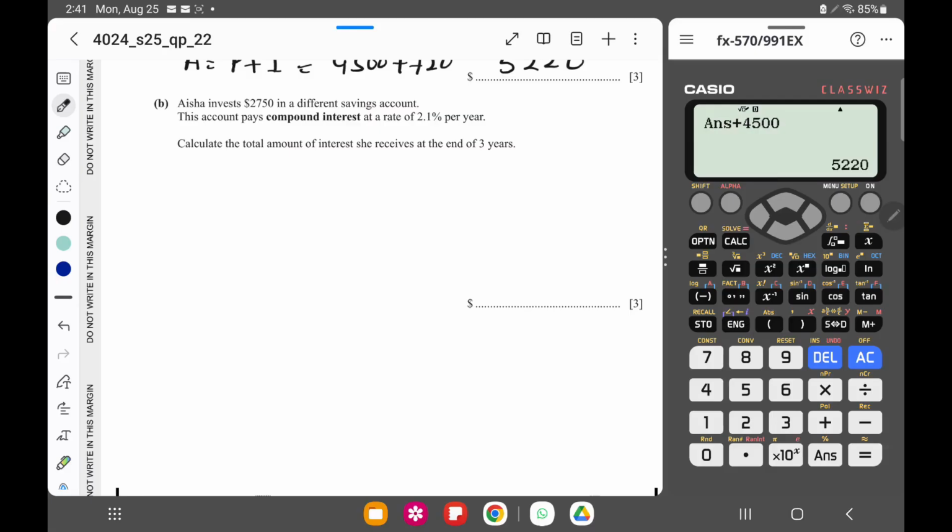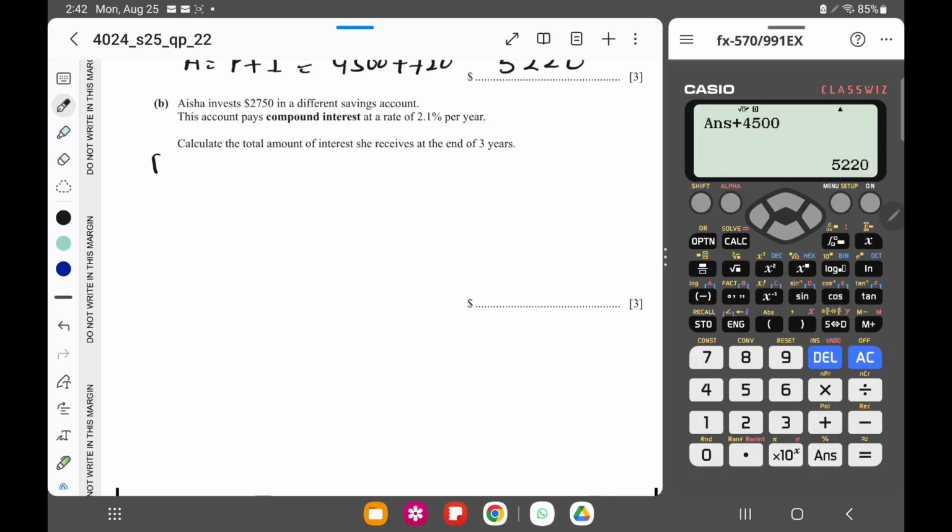Okay, the next part. Aisha invests 2,750 as principal in a different savings account. This account pays compound interest. The compound interest formula is amount equals P times 1 plus R over 100 to the power n, and the rate is 2.1% per year. Calculate the total amount of interest she receives at the end of 3 years. It means n equals 3.